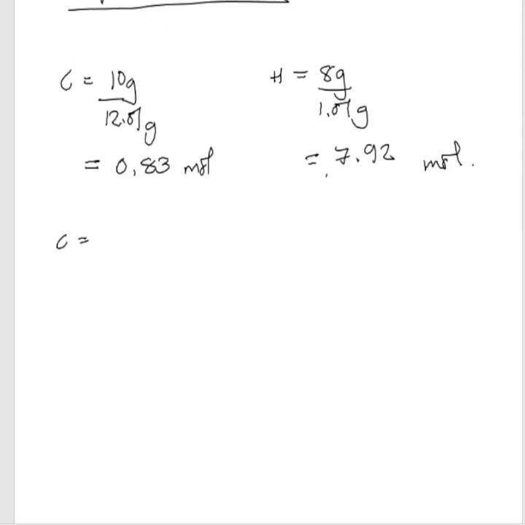So it's 0.83 over 0.83, and this side is 7.92 over 0.83. For this one we get 1.